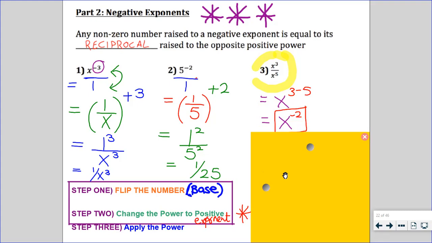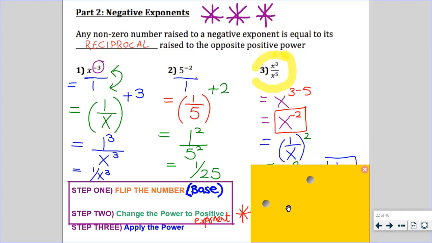Now we have a negative exponent. So we're going to continue the rules that Miss Albert was going over. Now that we have x to the power of -2, what would be our next step? Yes. Perfect. So what we're going to do is turn it into a fraction. Right now we have 1 over x to the power of 2.